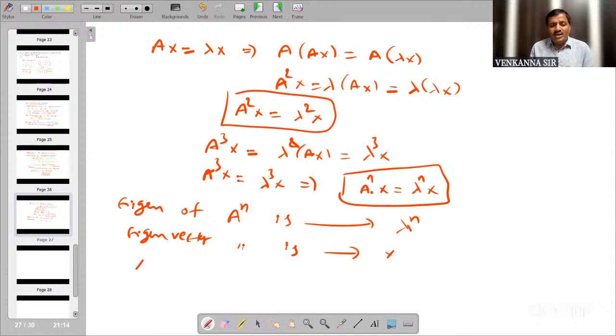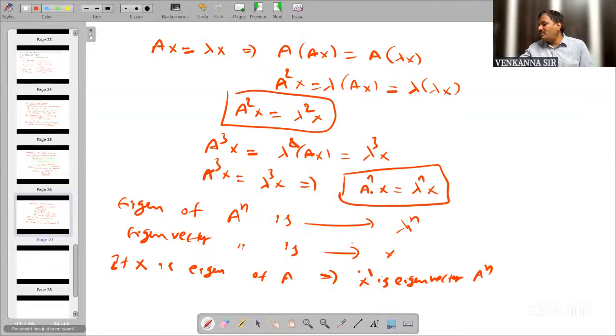If x is an eigenvector of A, then x is an eigenvector of A power n also. For A and A power n, the eigenvector remains the same. Only the eigenvalue changes. Okay, this is clear to all of you? Everybody is understanding? Yeah, coming to next.